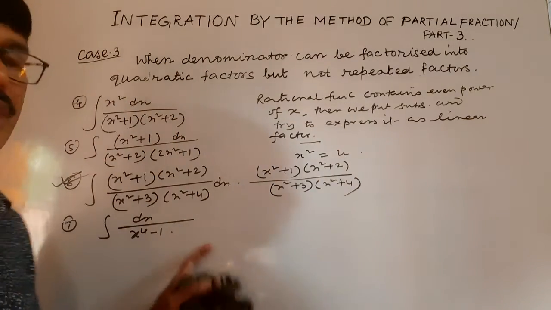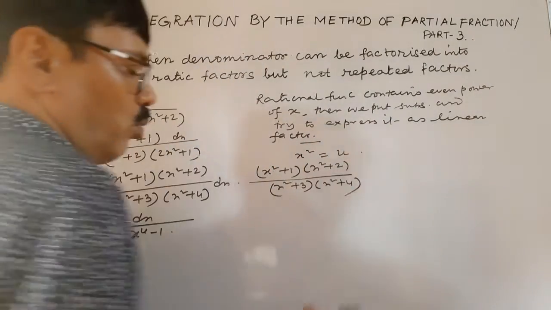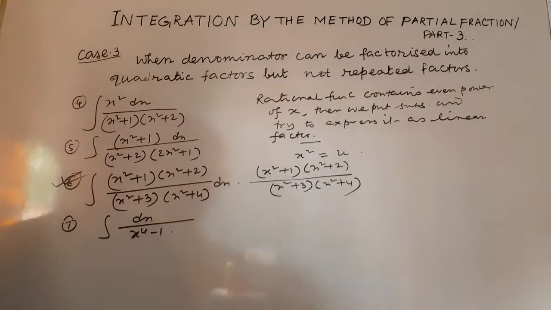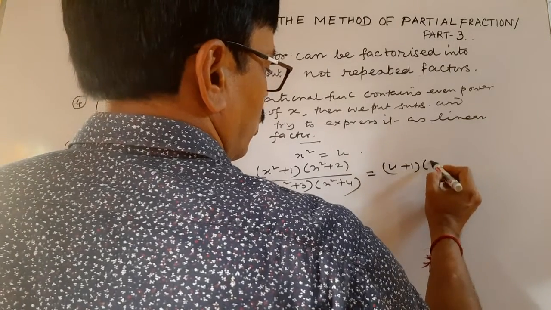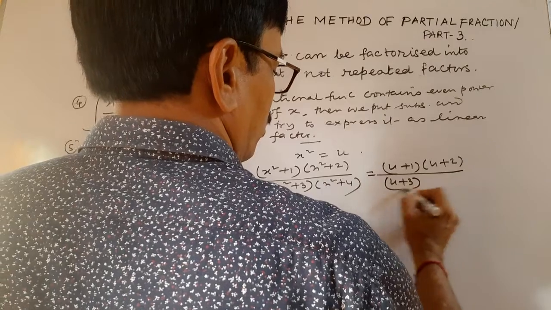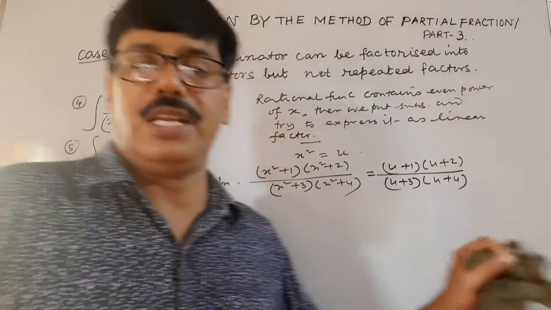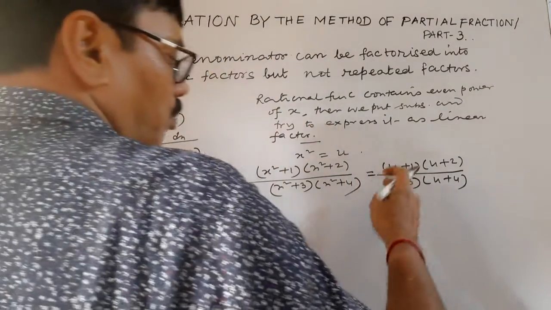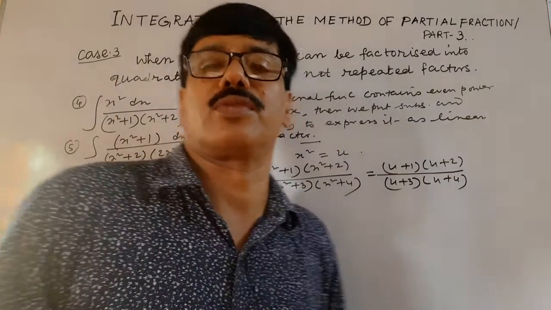We only take this part. We are putting x square equals u but not differentiating because x is not present. So it will be (u plus 1)(u plus 2) by (u plus 3)(u plus 4). Now it is linear, so you can express it as linear partial fractions.